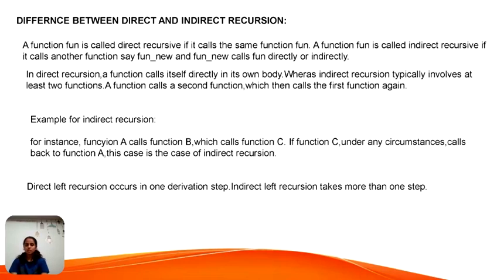In direct recursion, a function calls itself directly in its own body, whereas indirect recursion typically involves at least two functions. A function calls a second function, which then calls the first function again. For instance, function A calls function B, which calls function C. If function C, under any circumstances, calls back function A, this case is called indirect recursion.